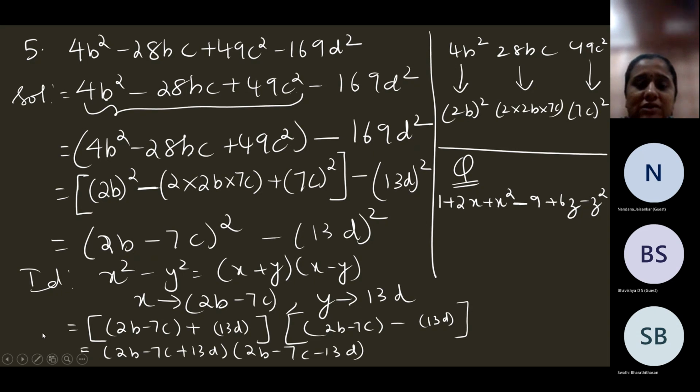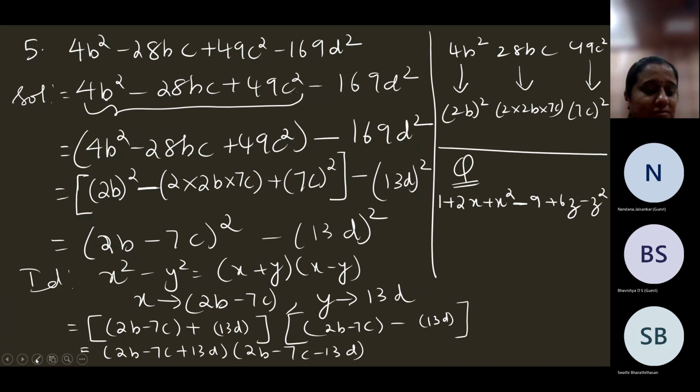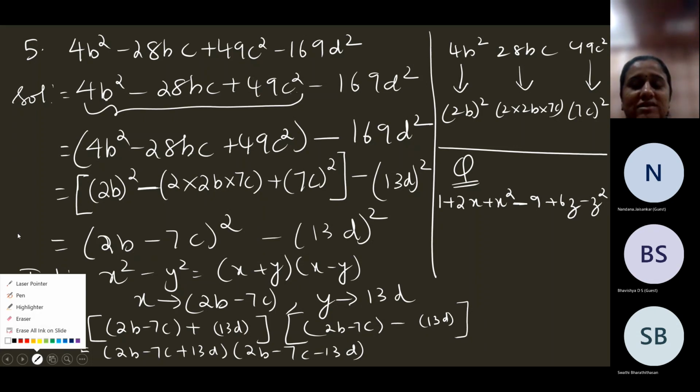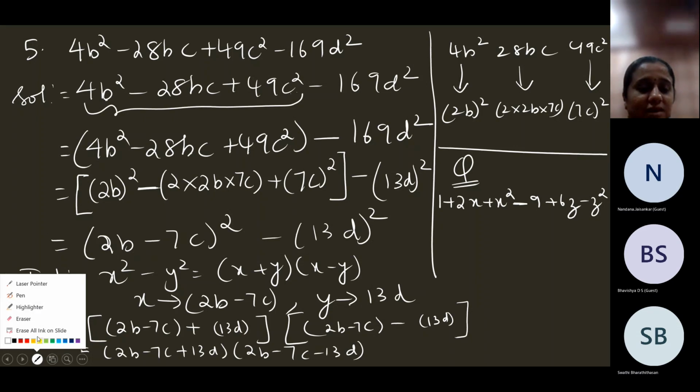If somebody's not finished, I'll wait. Nandana and Bhavishya? Completed. Okay. Are you all writing or just listening to what I'm saying? All of you are writing, correct? Yes, ma'am.